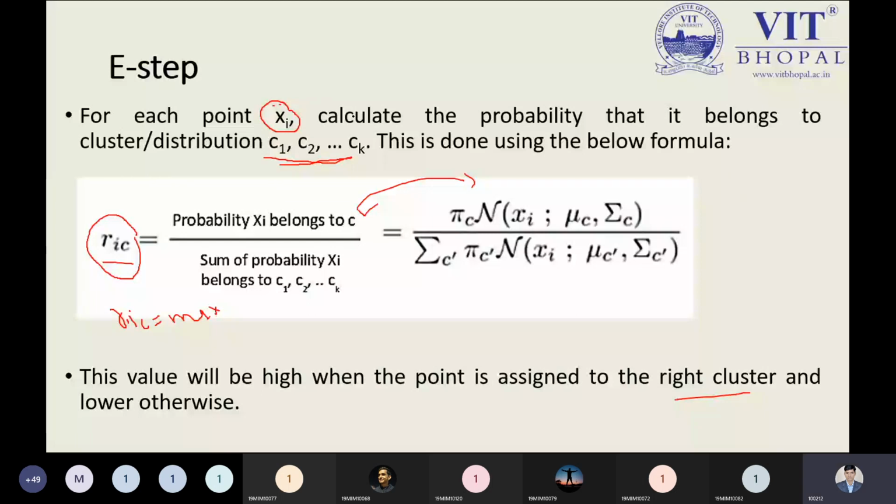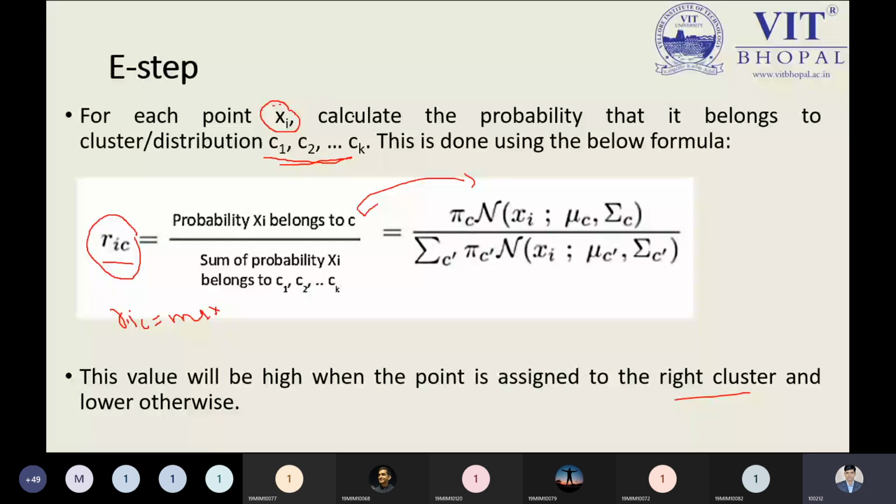So the probability that xi belongs to cluster c is divided by the sum of the probabilities that xi belongs to C1, C2, up to the CK cluster. We must have the total number of clusters; suppose we have 5 clusters because we have decided so.